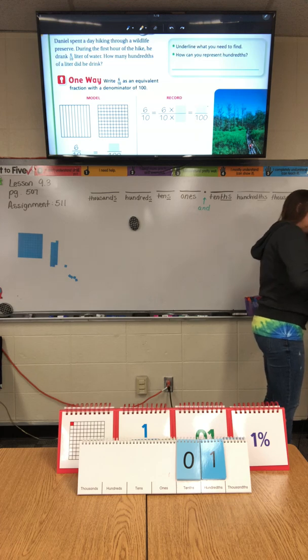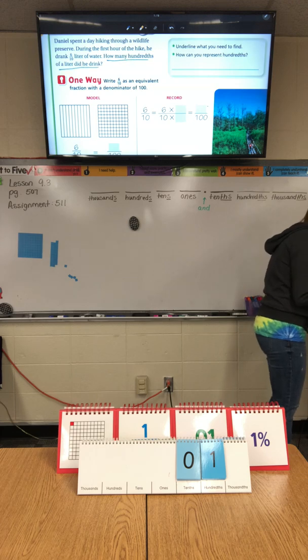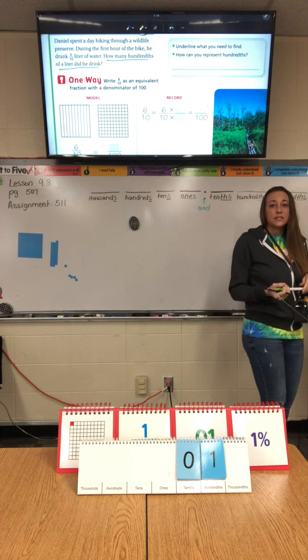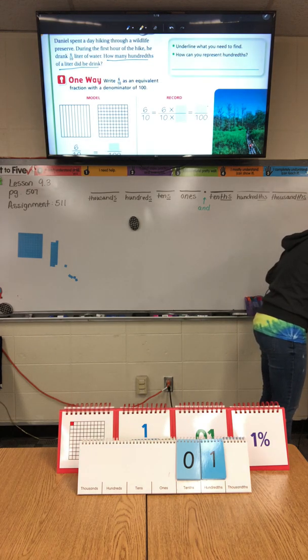We need to find how many hundredths of a liter did he drink, and how can you represent hundredths? Well, we've learned two ways to represent hundredths: fractions and decimals.